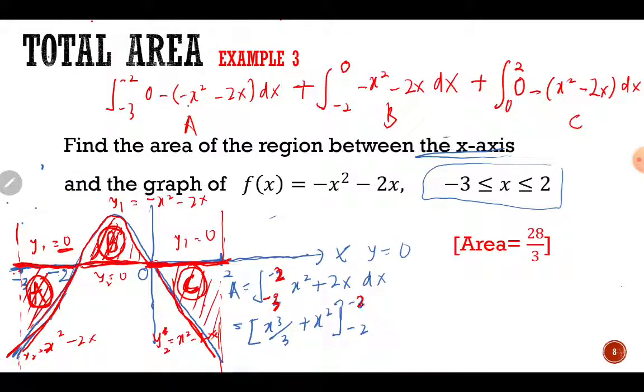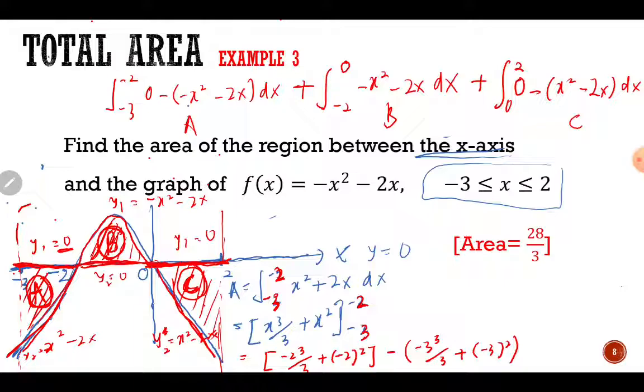So, suppose negatif 3 ke negatif 2. So, gantilah the value here. You will get negatif 2 kuasa 3 per 3 tambah dengan negatif 2 square. Lepas tu tolak dengan, ni kena careful negatif 3 kuasa 3 per 3 tambah dengan negatif 3 square.